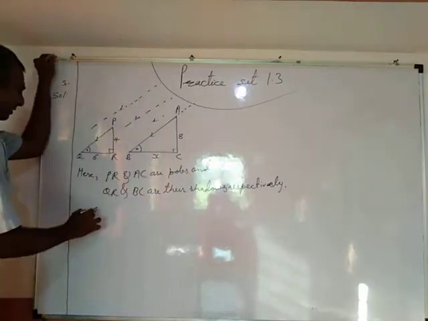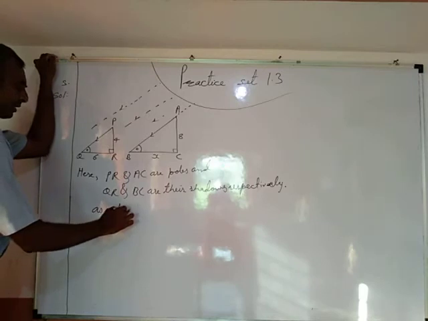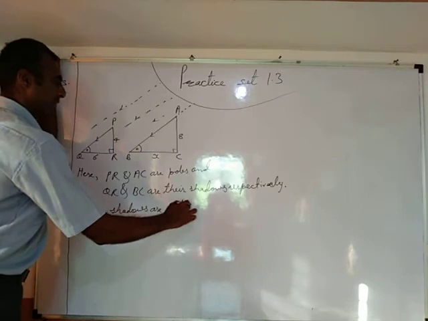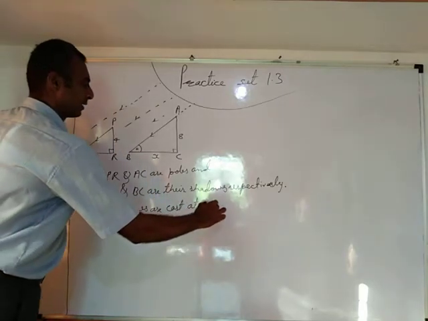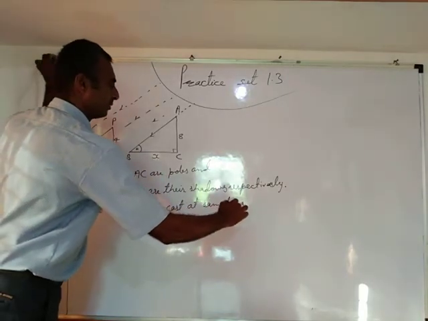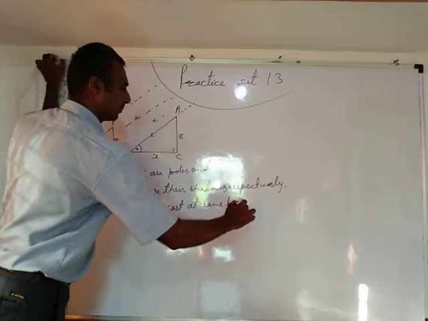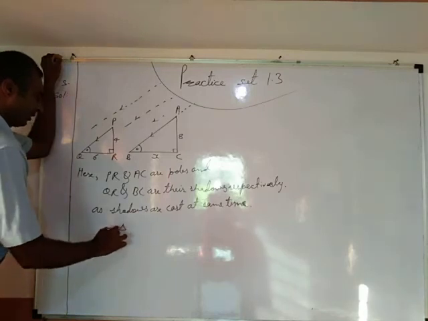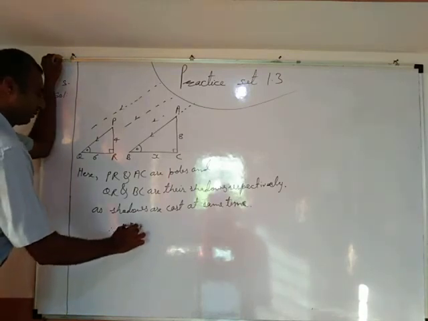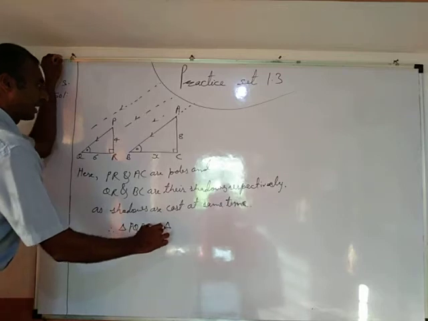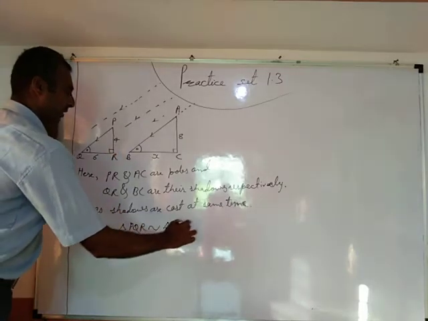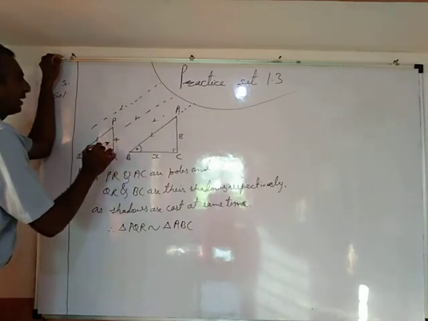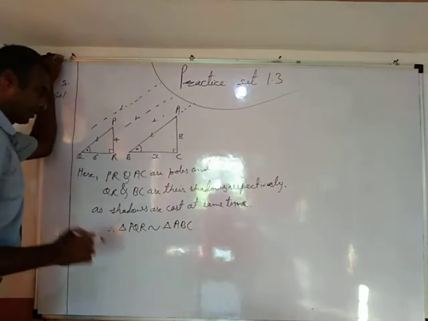Okay, as shadows are cast at the same time, therefore directly we may mention, therefore triangle PQR is similar with triangle ABC. Okay, P corresponds to A, Q corresponds to B, and R corresponds to C.